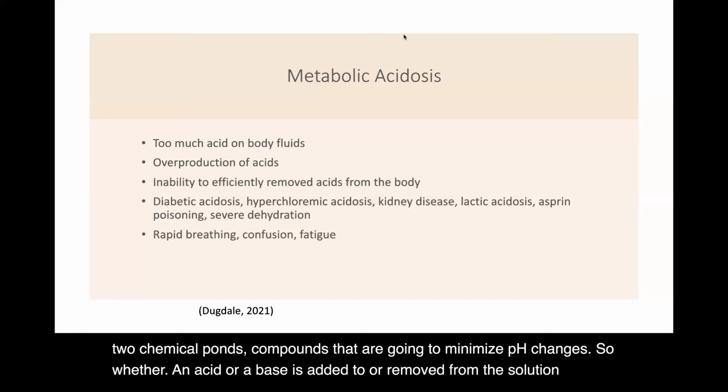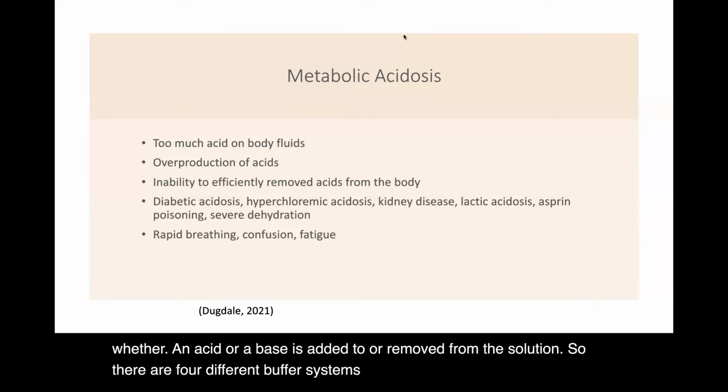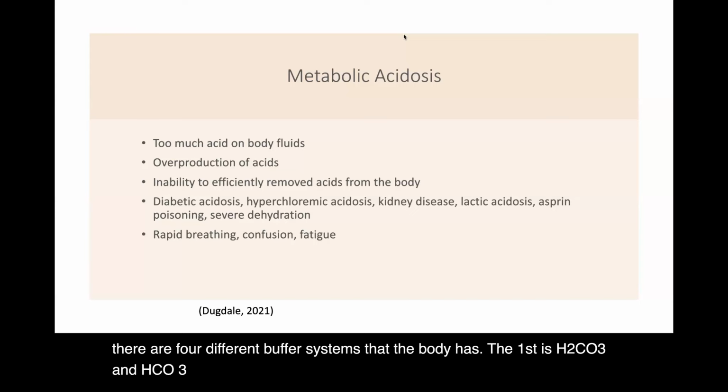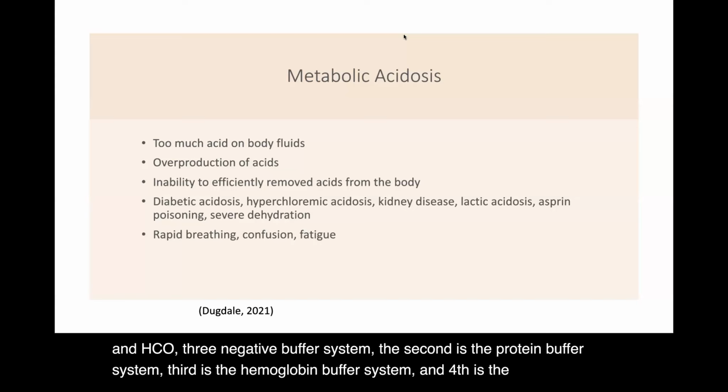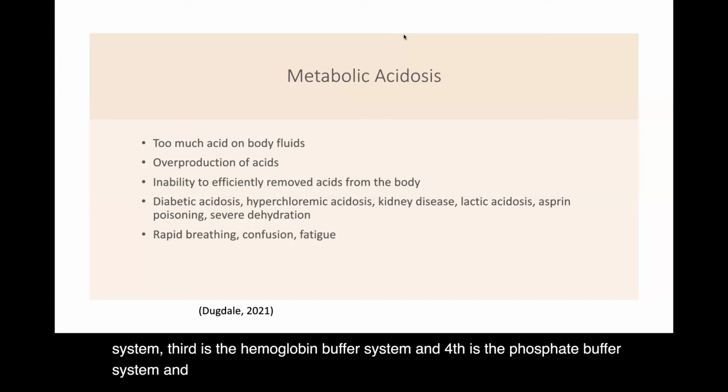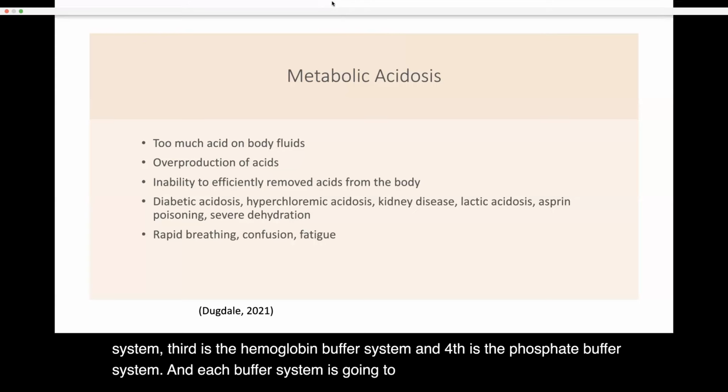There are four different buffer systems that the body has. The first is the H2CO3 and HCO3 negative buffer system. The second is the protein buffer system. Third is the hemoglobin buffer system, and fourth is the phosphate buffer system. And each buffer system is going to play an important and different role in the body.